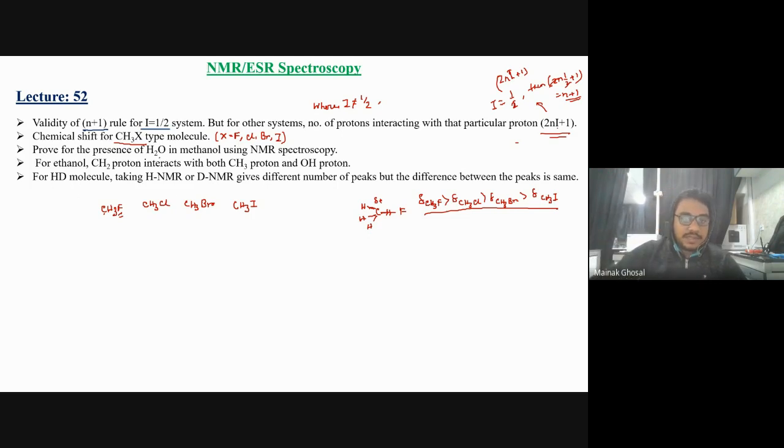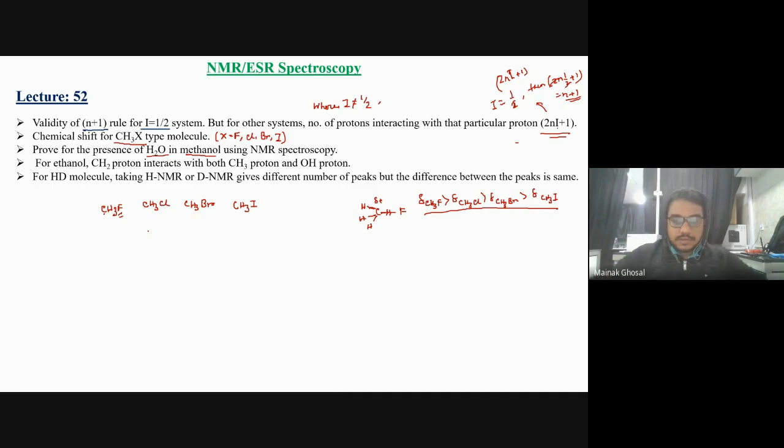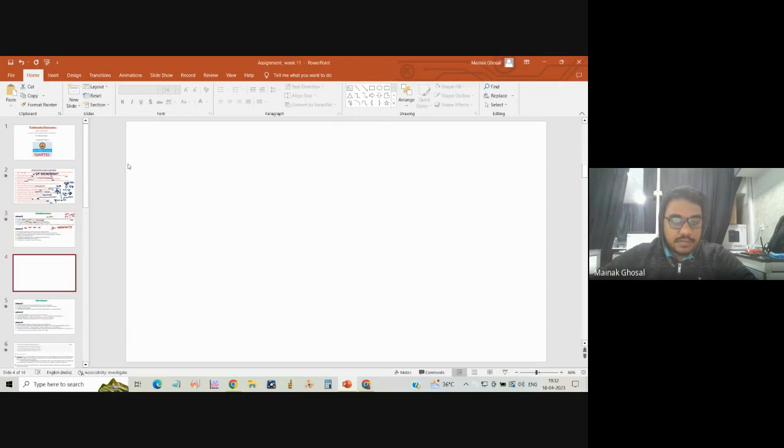Now there was a discussion of the proof of presence of water in methanol using NMR spectroscopy. How was that proved? Okay, let me take another empty space. Methanol, CH3OH.